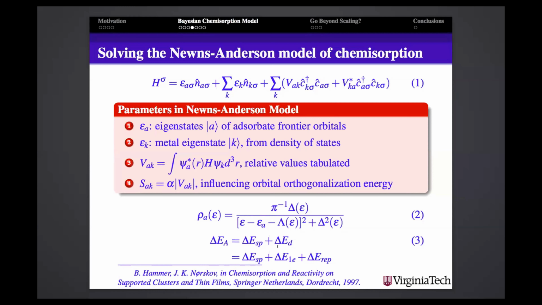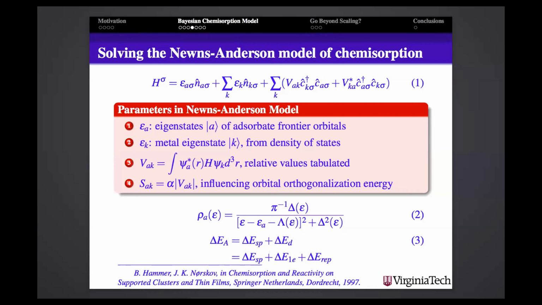And the d-band contribution we can separate into two different parts. One is the one-electron energy contribution that I can simply get by integrating over the states. Another is the repulsion energy contribution that is really proportional to how large the overlap of the two sets of states is.